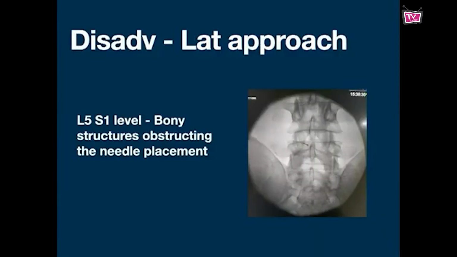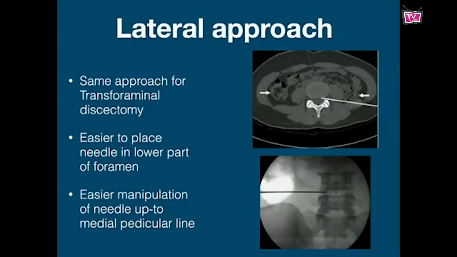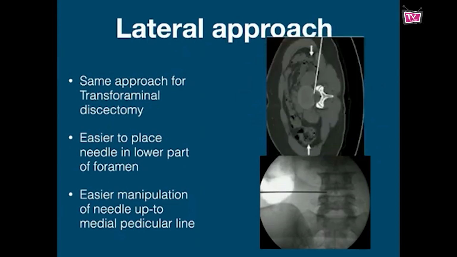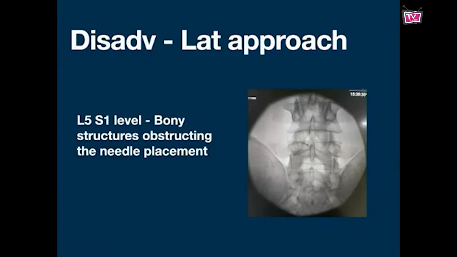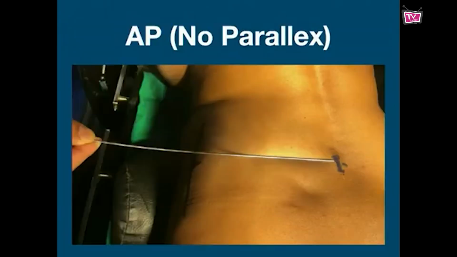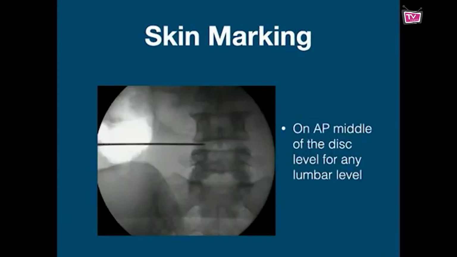And this is a parasagittal approach, basically going from the lateral approach as we mark intraoperatively for the endoscopic discectomy. That is why L5-S1 is difficult using the lateral approach. So this is how we mark, again, squaring of the vertebra. You take the true AP and then you mark your point laterally at the junction where the flank and the midline meet.